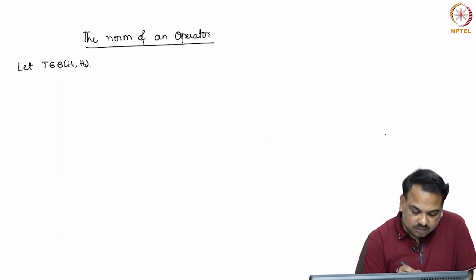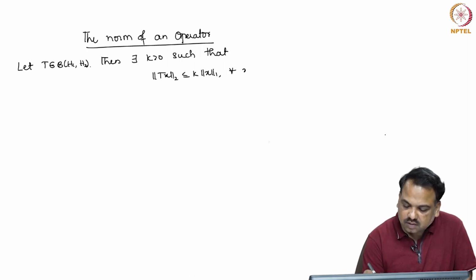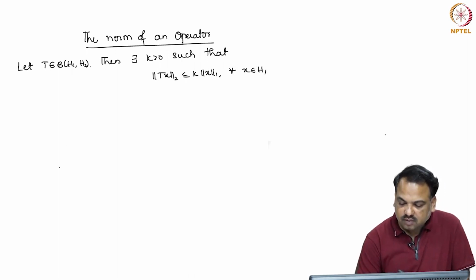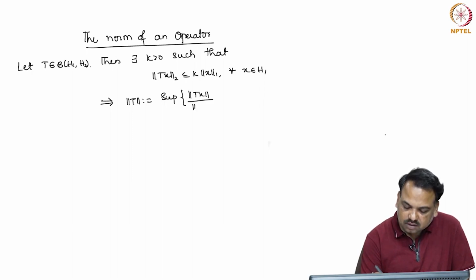So T is bounded implies there exists K bigger than 0 such that norm of Tx is less than or equal to K times norm x for every x in H1, and from this you are able to define norm of T as the supremum of norm Tx by norm x, where x is coming from H1 and x is non-zero.